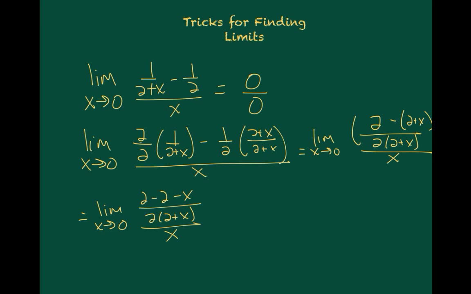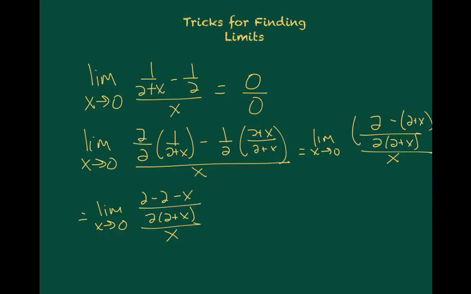Well, when I do that algebra, I have the numerator of 2 minus the quantity (2 plus x), and now I have my new denominator of 2 times (2 plus x). I would urge you not to multiply things out. You'll find that the algebra is easier if you just keep it factored.